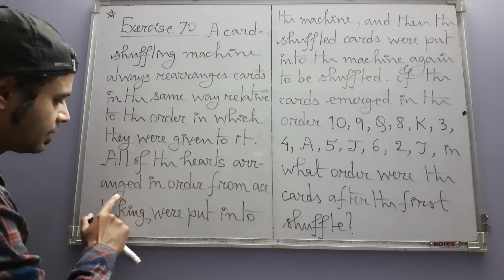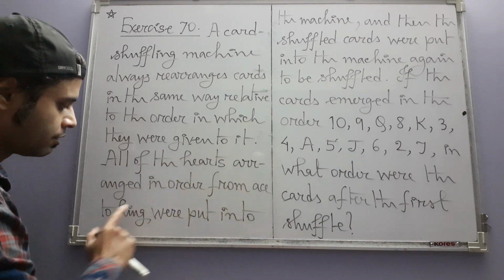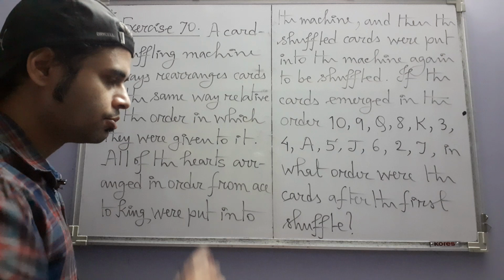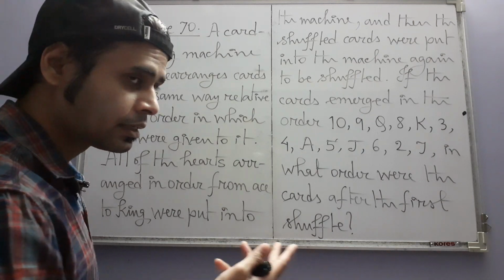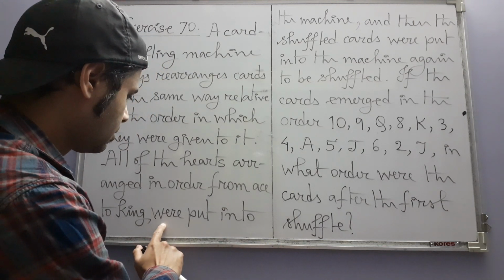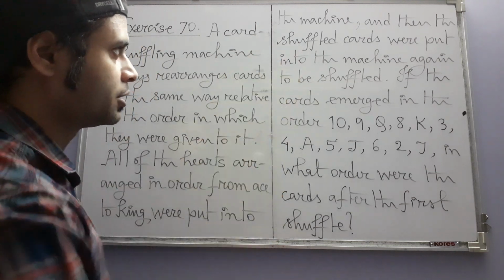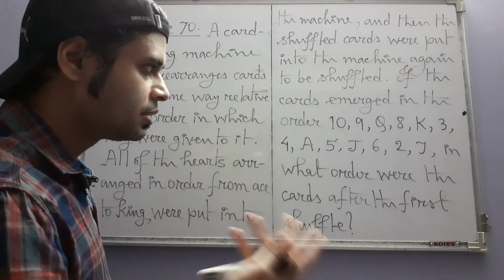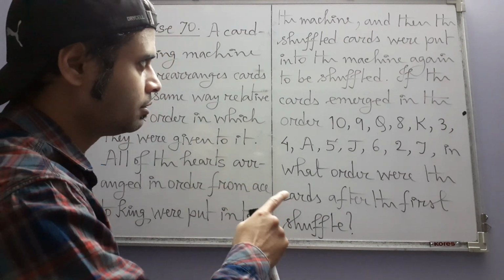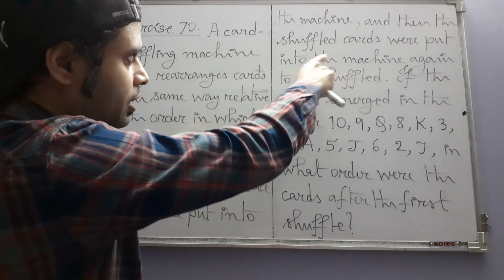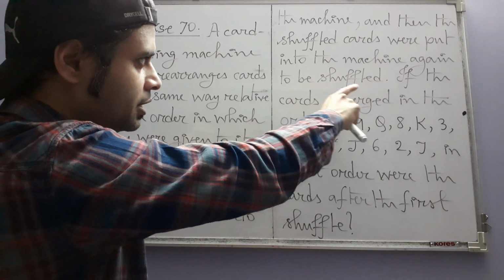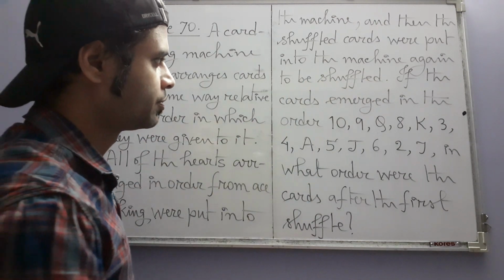All of the hearts were arranged in order from ace to king, 13 hearts, and they were put into the machine. So the machine shuffles them once, and then those shuffled cards were again put into the machine to be shuffled once more.